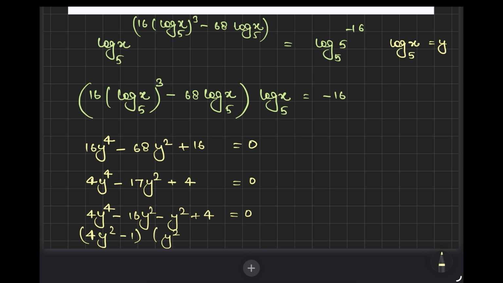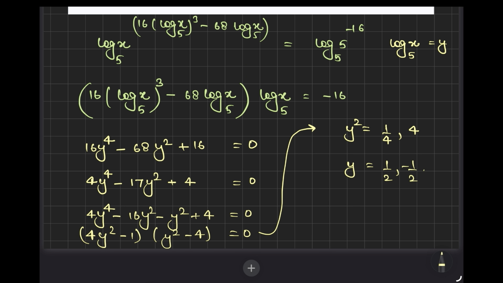We are left with y square minus 4. Okay. Now from here onwards y square is equal to 1 by 4 and 4. Correct. So y will become 1 by 2, minus 1 by 2, 2, minus 2.